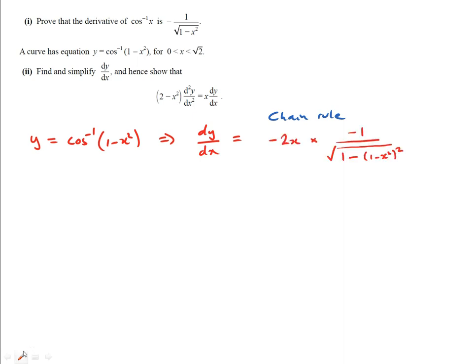So the chain rule gives me that the derivative of cos to the minus 1 of 1 minus x squared is minus 2x times by minus 1 over the square root of 1 minus x squared. If we tidy that up, we end up with 2x over the square root of 2x squared minus x to the 4.